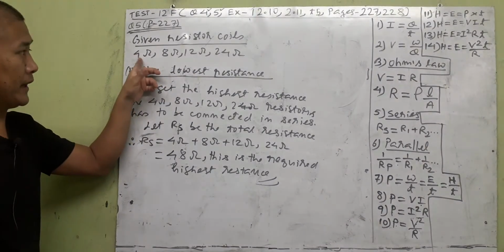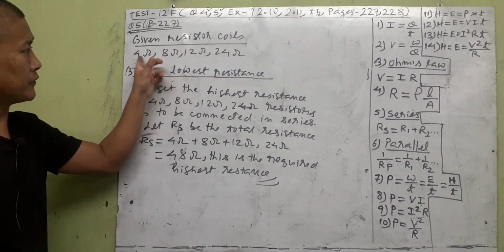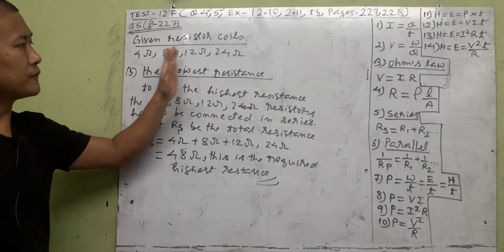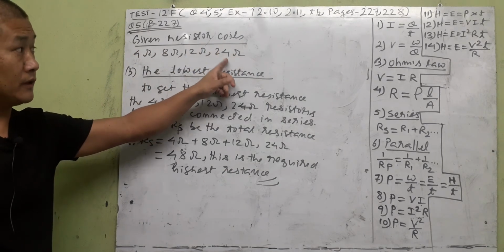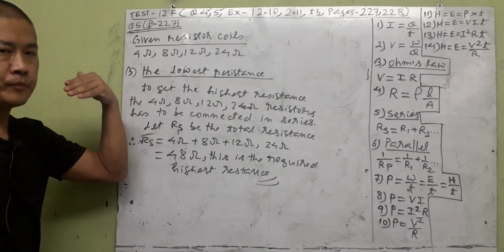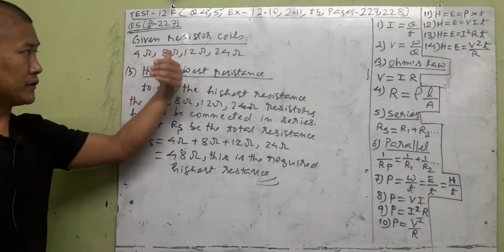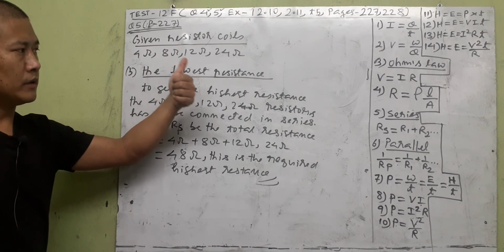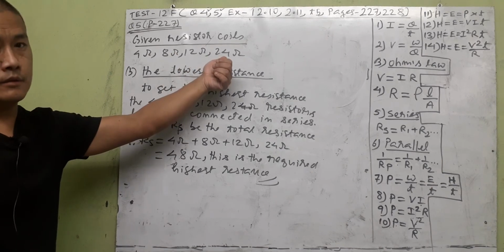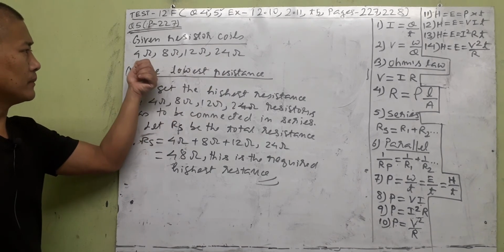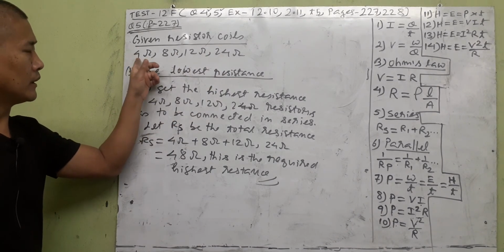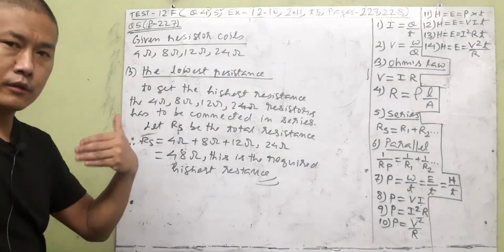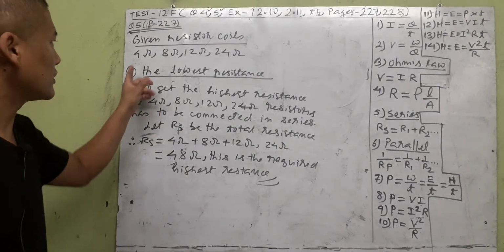That's correct, 4, right? There's no one among this, 4 is the lowest. So when you connect all these 4 in parallel, you're going to get total even lesser than the least. I repeat, when you connect the given resistances in series, you get total higher than the highest. When you connect the same thing in parallel, you will get a total lesser than the lowest, so the lowest possible will be parallel.